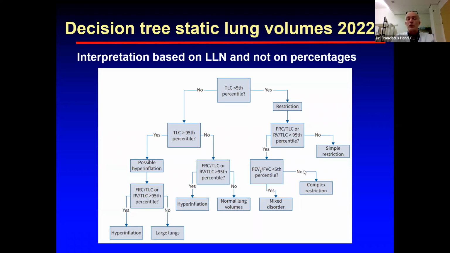But if you really want to know if it is a restriction, you have to have the static lung volumes. What people do, and you can also read it in the paper, is in that case also go for a slow vital capacity, see if it's much different than the forced vital capacity, because you prevent airway collapse if you do a slow vital capacity.